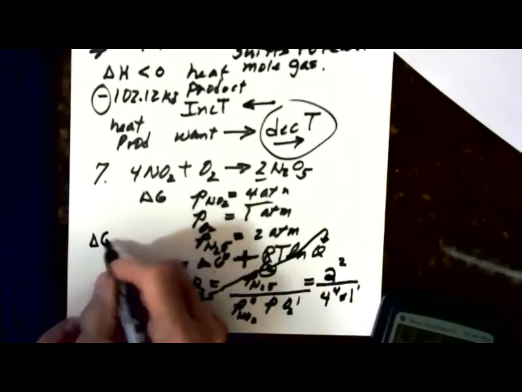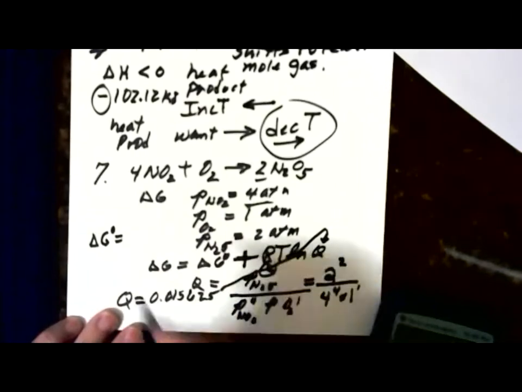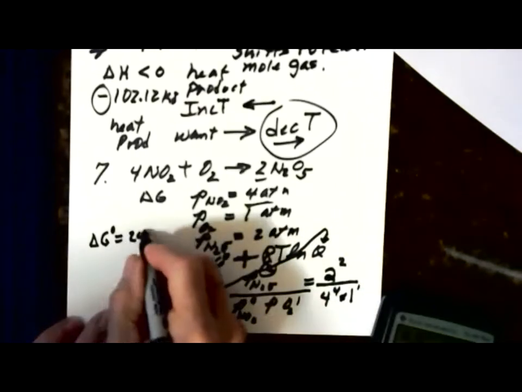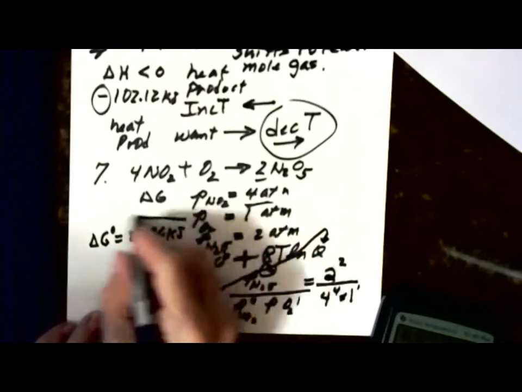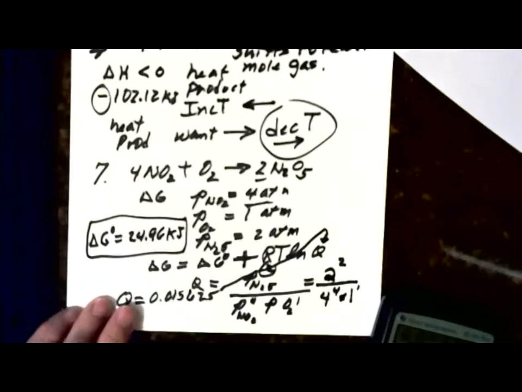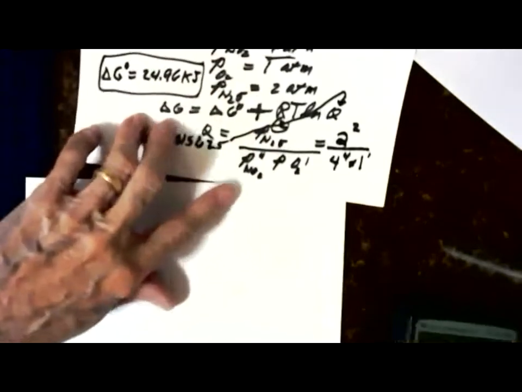Now my delta G superscript, we did calculate that somewhere. We got to be 24.96 kilojoules. So we got all the data we need to plug in to get our answer. I'm going to just slide this up as much as I can, slide another page in here.